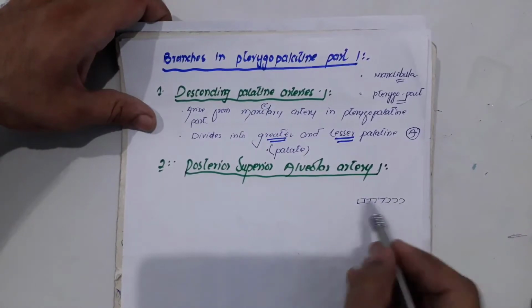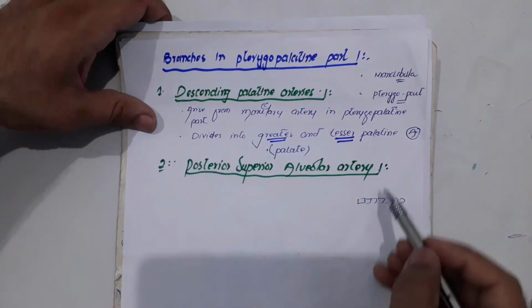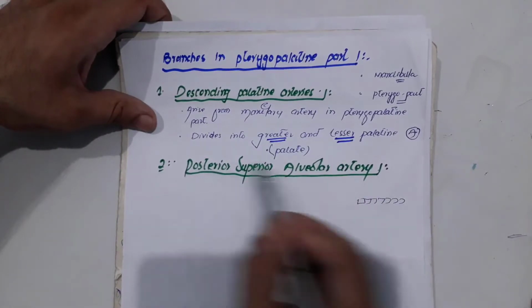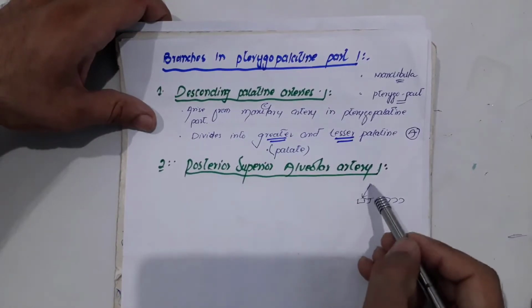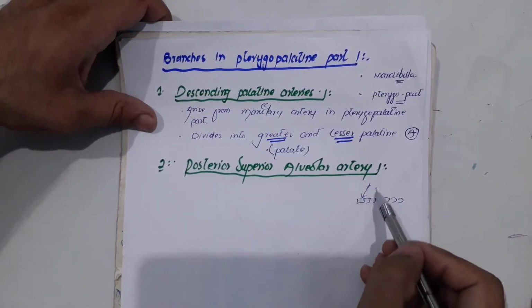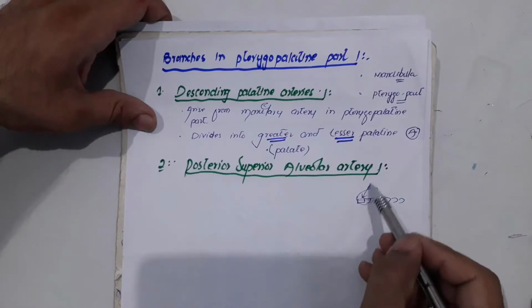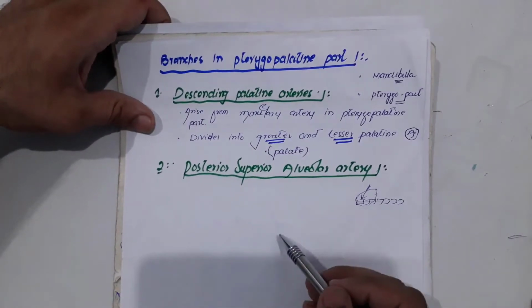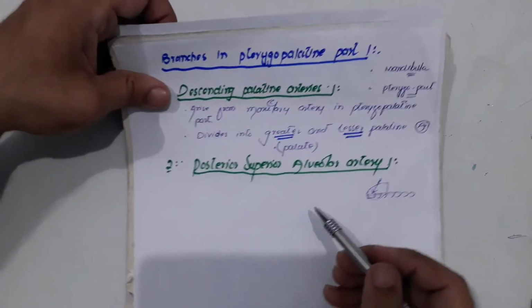This is a very simplified example. So posterior to this part, superior from upper side, alveolar means this jaw, right? So the posterior jaw is supplied by this posterior superior alveolar artery, right friends?